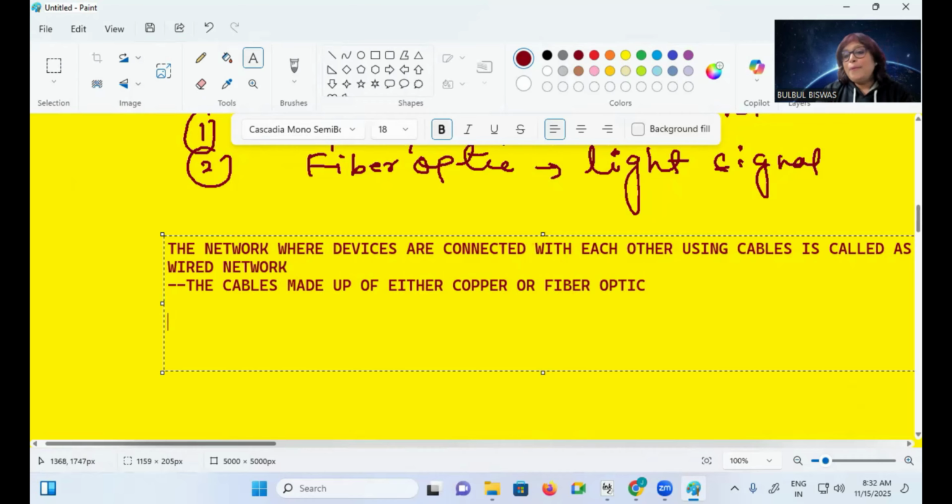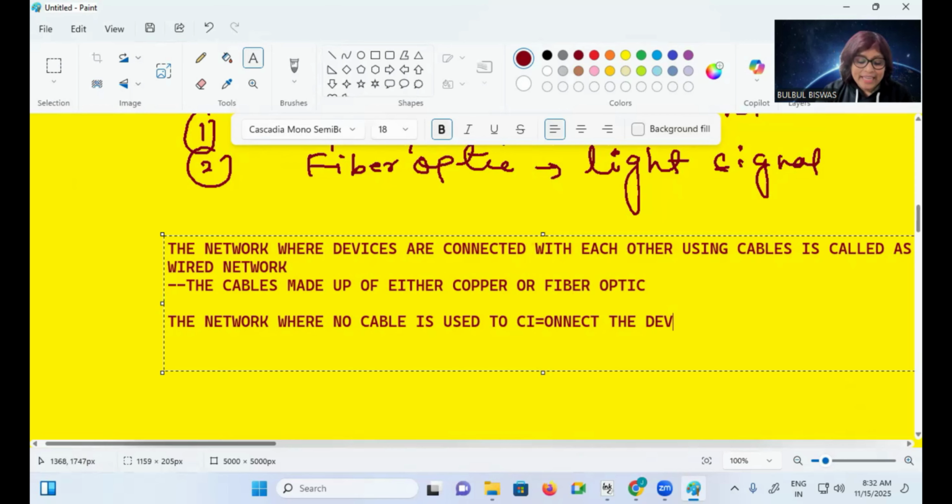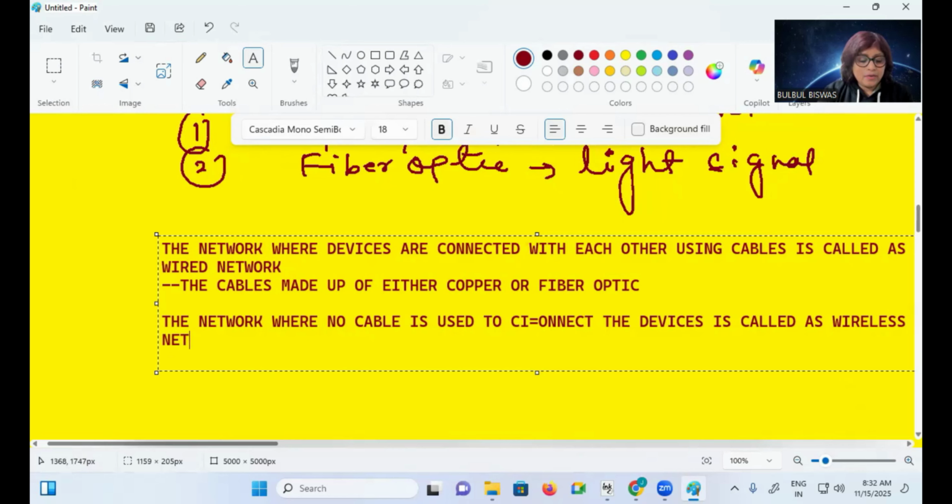Now what would a wireless network be? It is a network where no cable is used to connect the devices. So how will data be transferred?